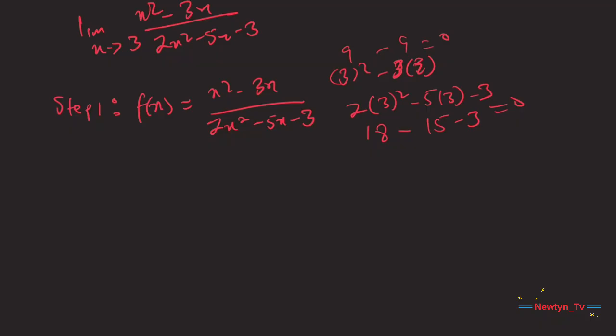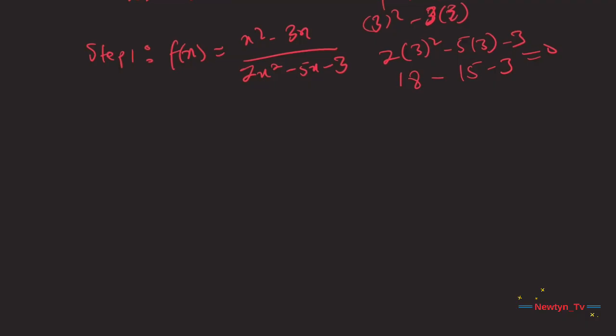Now, the first step that we're going to do is to factor and cancel, which is a good strategy. So let's do that. If we have to factor and cancel, this is what we are going to do.